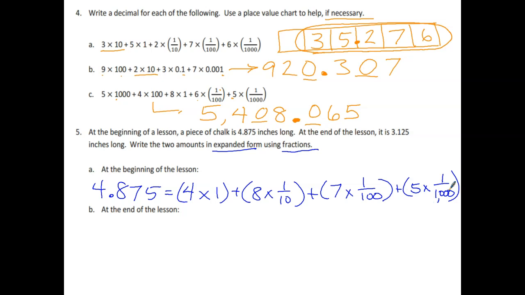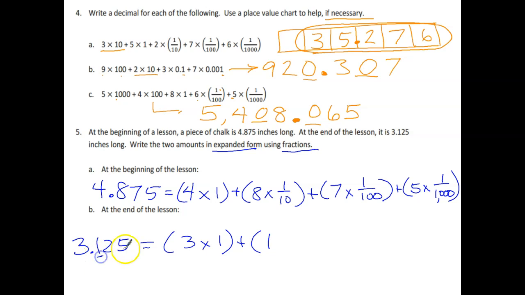All right. At the end of the lesson, we had 3 and 125 thousandths of an inch. And that's going to be equal to 3 times 1 for my 3 ones. I may not put that dot in there, it might confuse somebody, think it's a decimal. So we have 3 times 1 plus, remember we're adding these together, 1, what?